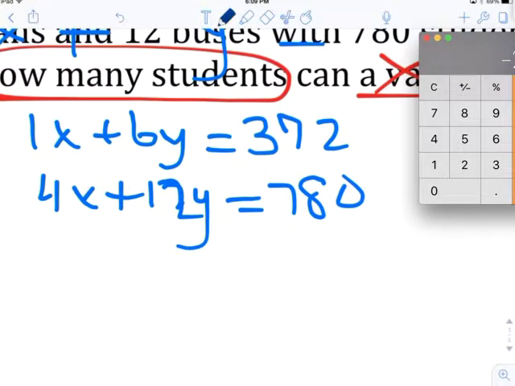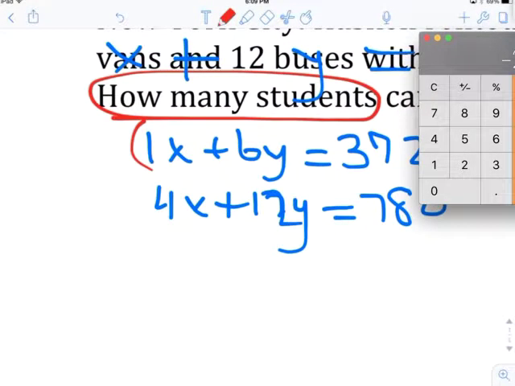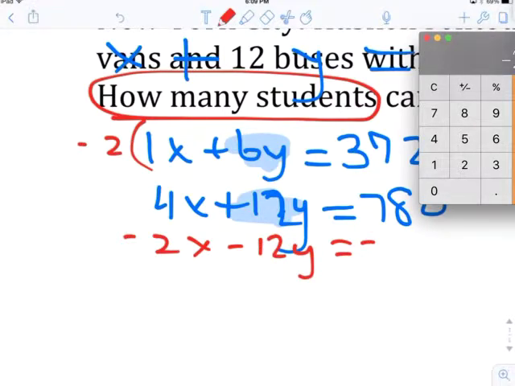I would multiply all of here by -2. Make this equal to -12, I mean. So that gives you -2x minus 12y equals negative times 2, 4, 14, carry 1, 7, right?